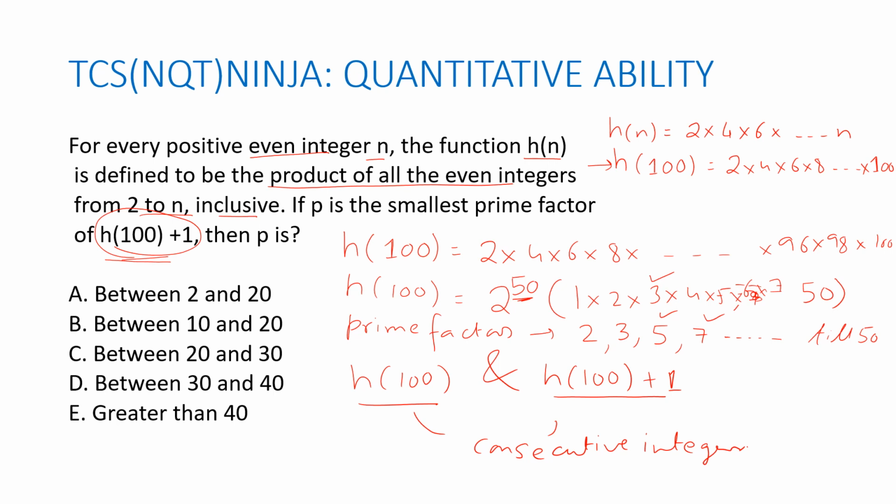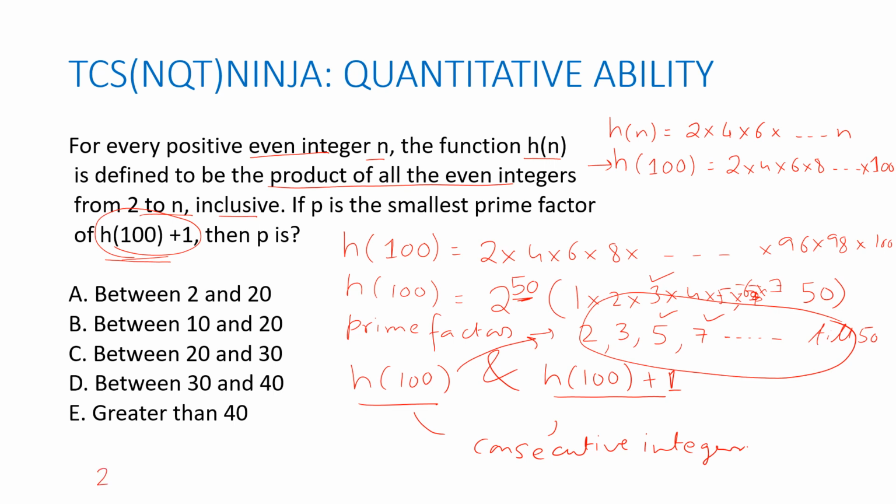If two integers are consecutive, they will not have common prime factors. Their HCF is 1. When consecutive integers have an HCF of 1, it means they don't have common prime factors. So whatever the prime factors of H100 were, they will not be prime factors of H100 plus 1.